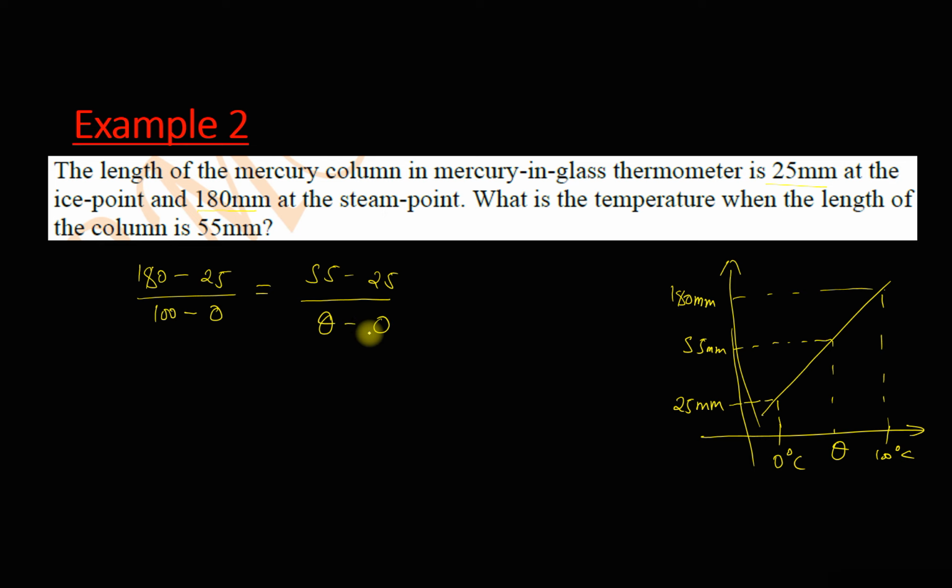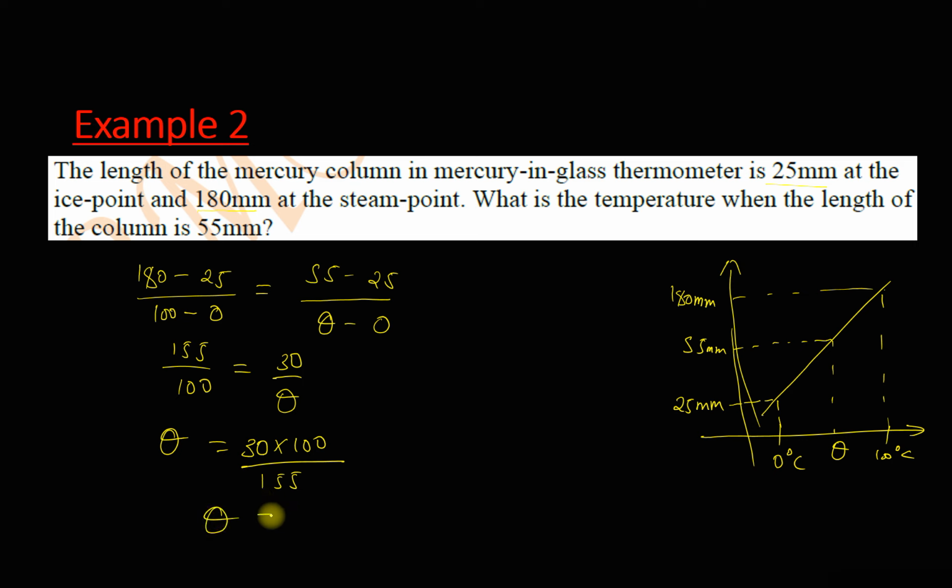So 180 minus 25, I think that is 155, divided by 100 should be equal to 55 minus 25, which is 30, divided by theta. Then we cross multiply. So theta is going to be equal to 30 times 100 divided by 155, which is 19.4.